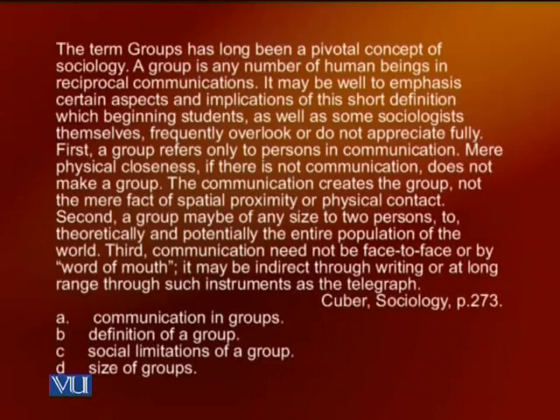Which do you think is the correct topic of this paragraph? I'm sure you've chosen the correct one, which is B. The topic of the paragraph is definition of a group. That is the topic. Now read the next text, which is from the subject of botany.